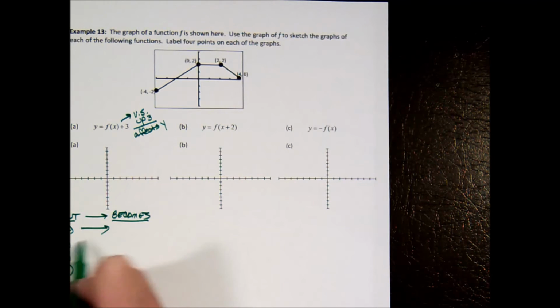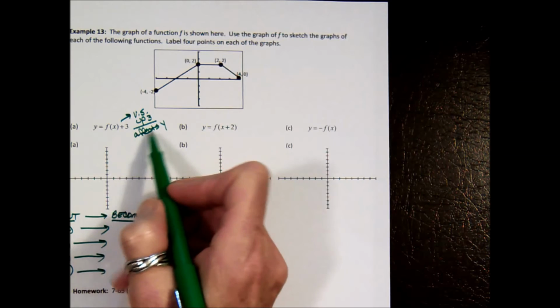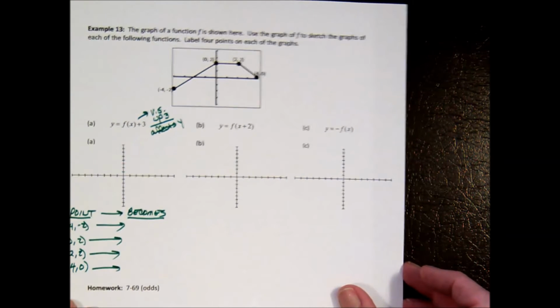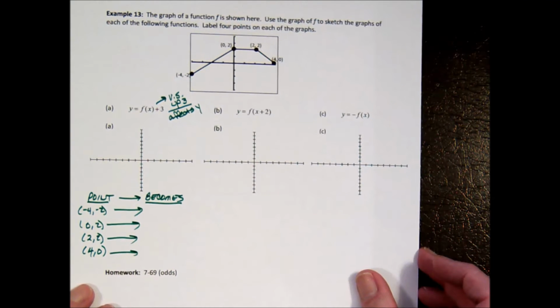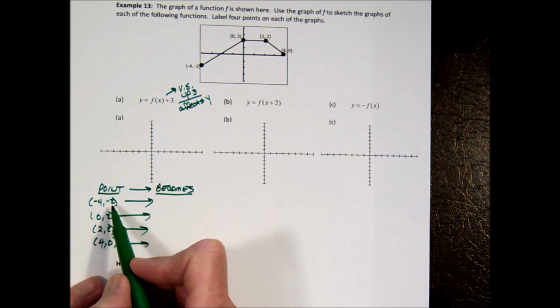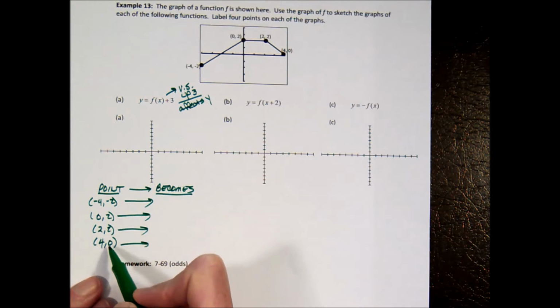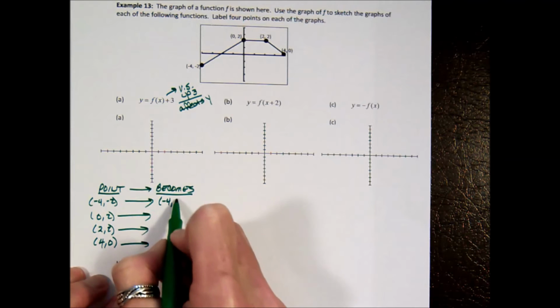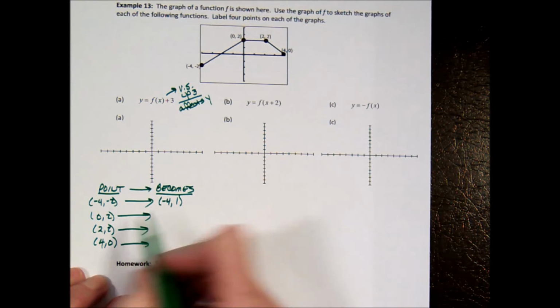Now, what those are going to become, because of this vertical shift affecting the y, is 3 added on to my y. I don't have that where you can see it. I need to check that more often. There we go. So 3 plus negative 2, my x is going to stay the same. That becomes a 1.